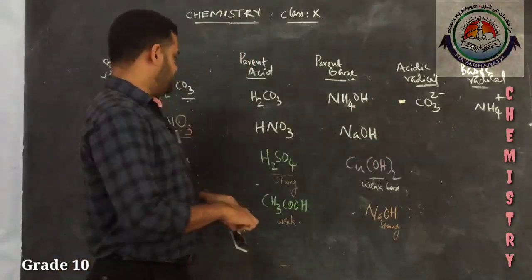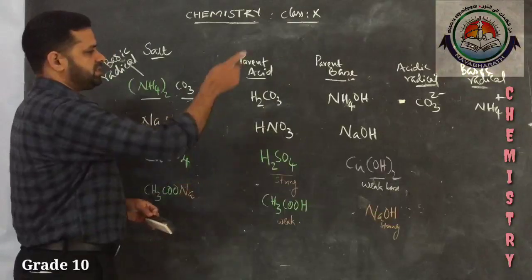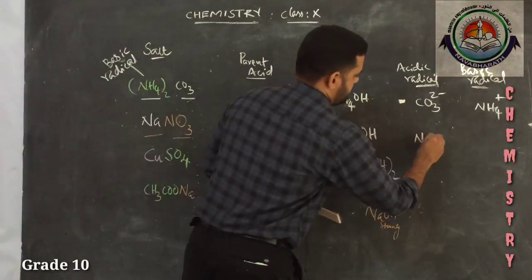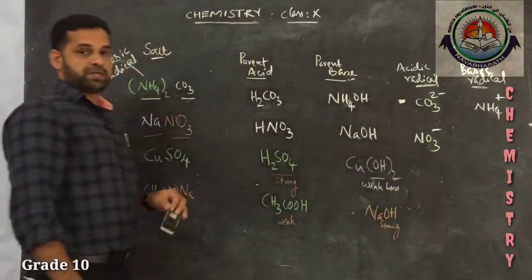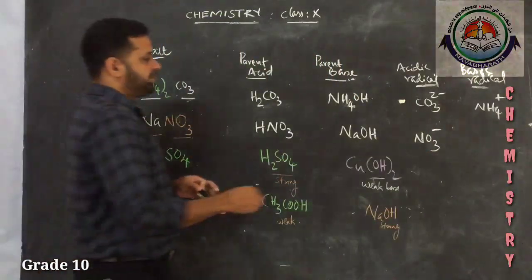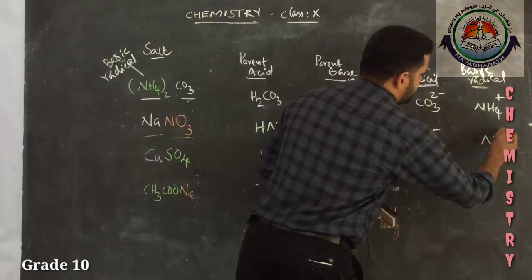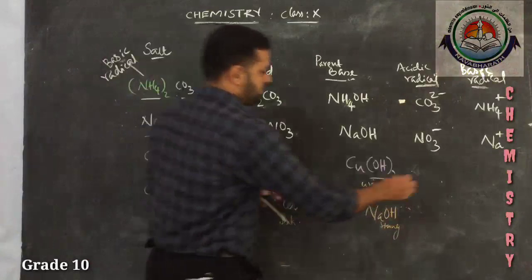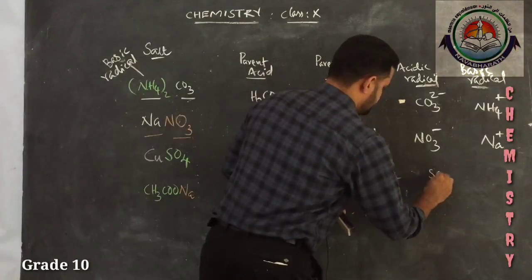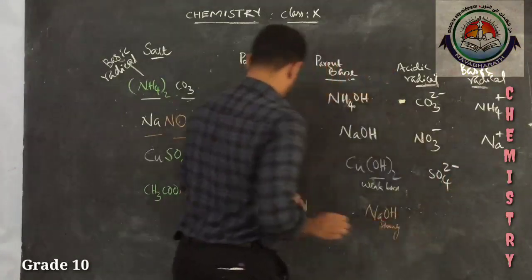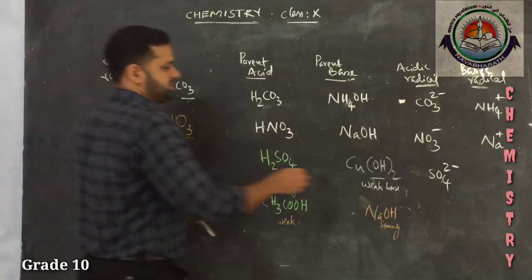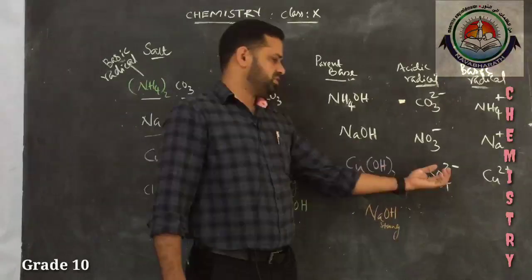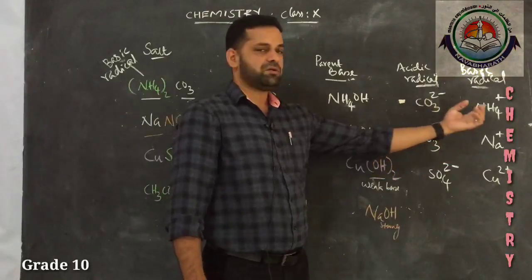And here NaNO3, the acidic radical is NO3 minus, not 2 minus, and Na plus is the basic radical. And here copper sulfate: the acidic radical is SO4 2 minus, and Cu 2 plus. You know how this charge is coming.